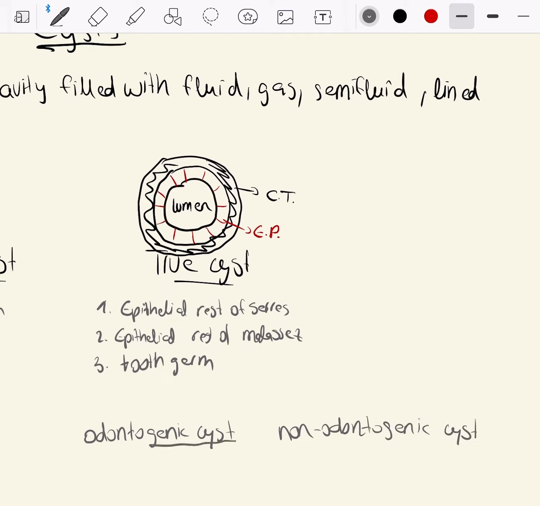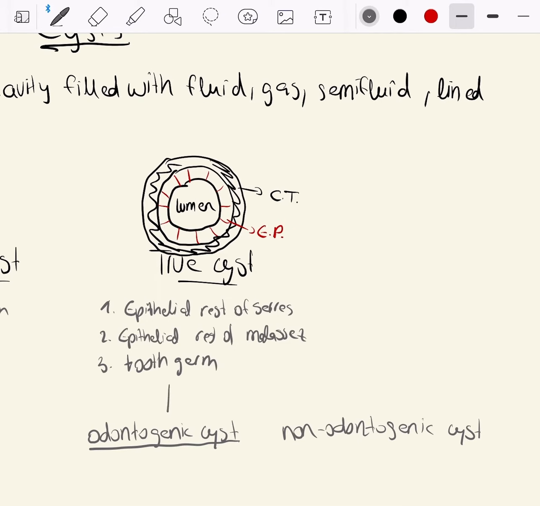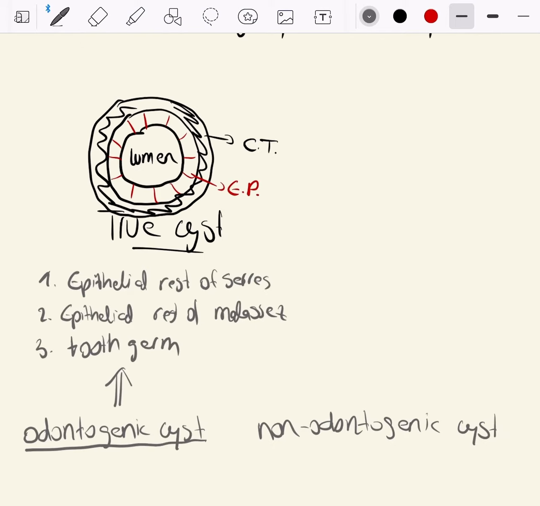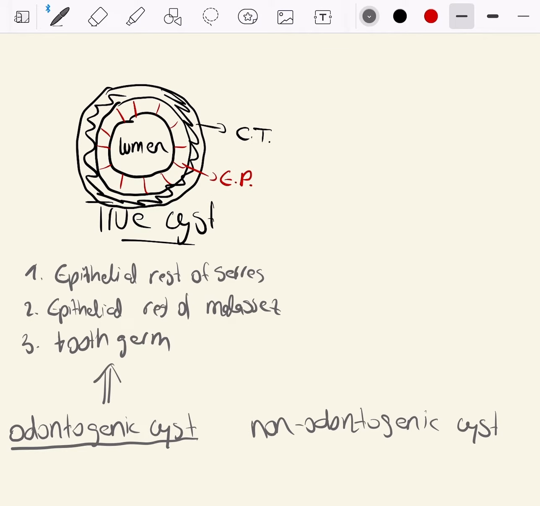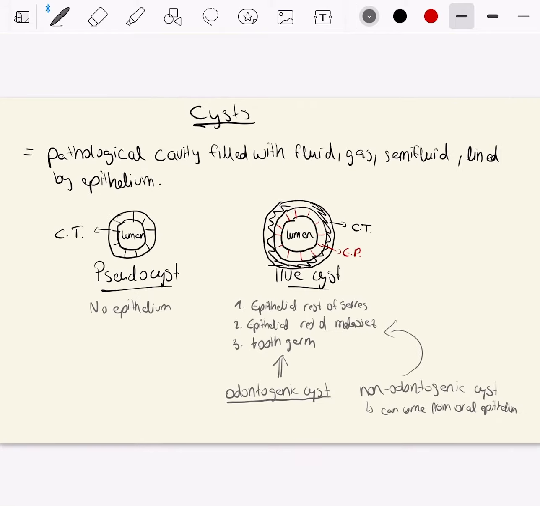The odontogenic cyst has these kinds of epithelium, and in the non-odontogenic cyst, the epithelium can come from the oral epithelium, anything other than these types of epithelium.